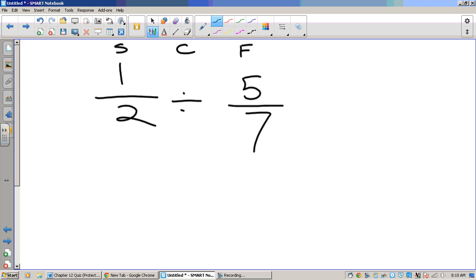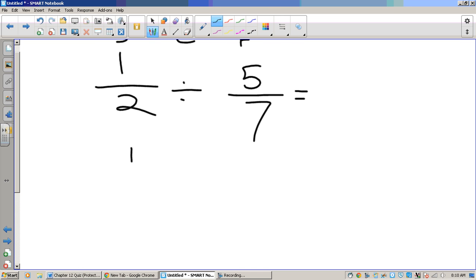Just like addition is related to subtraction, multiplication is related to division. That's why we can use that rule. So we've got same, 1/2, change the sign to multiplication, and flip. And then what do we know about multiplying fractions? Jasmine? We multiply straight across.